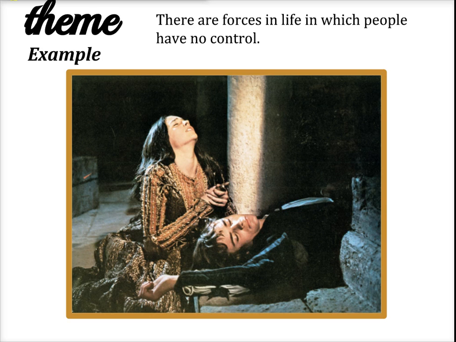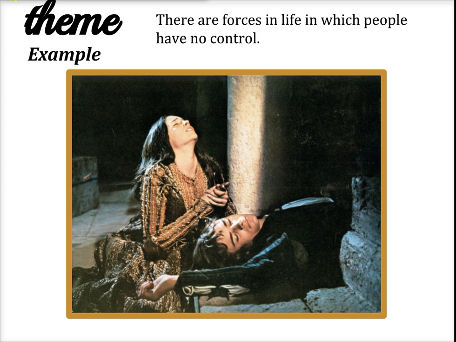He buys poison, takes the poison, and just a few minutes after he takes the poison and dies, Juliet wakes up. So if she would have woken up just a minute or two earlier, they would have lived happily ever after. But he takes the poison and dies just before she wakes up.